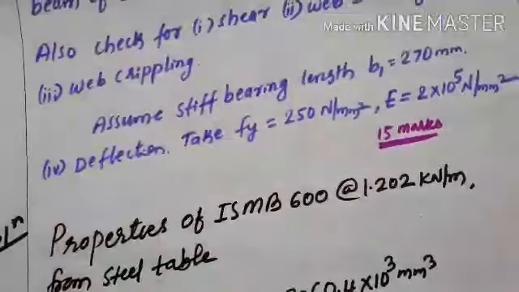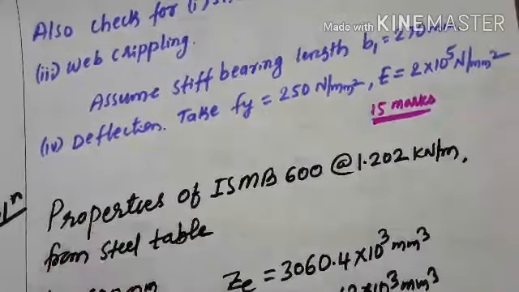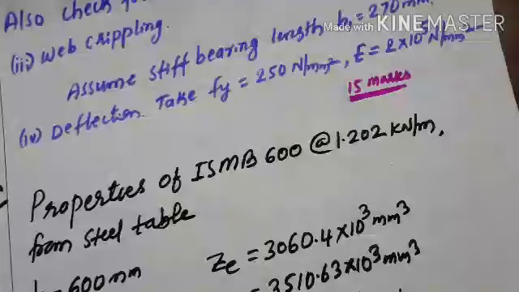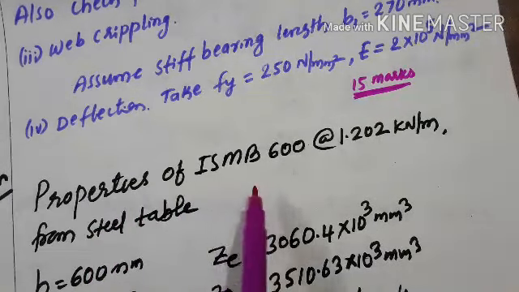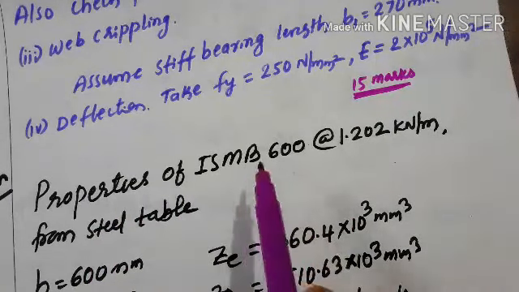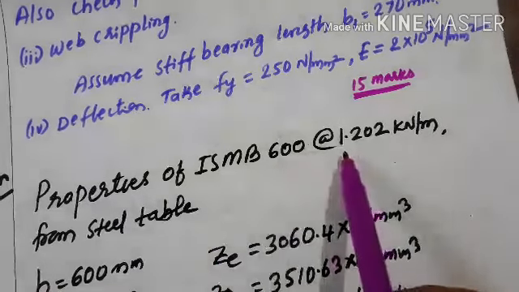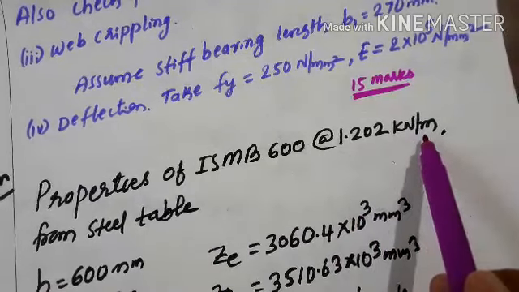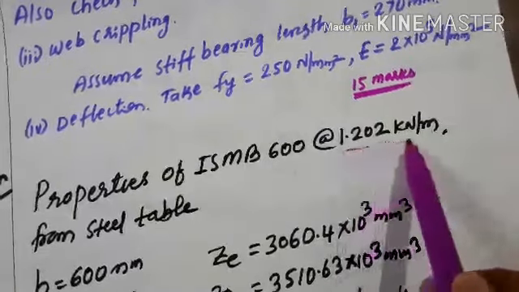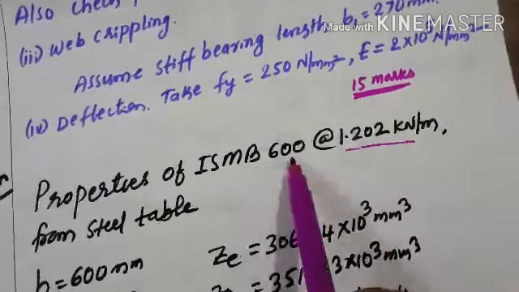Let us write the first given data. The data given here is the ISMB section, and you have to refer to the steel table. ISMB 600 at 1.202 kilonewton per meter, this is the self weight of the ISMB 600.